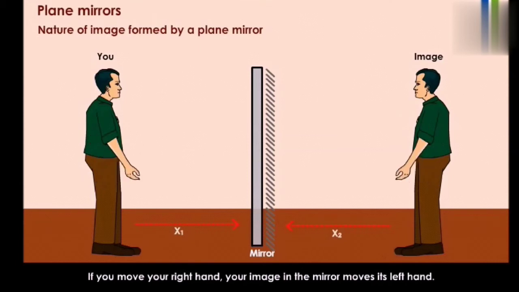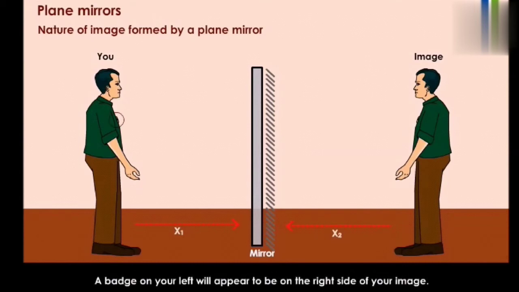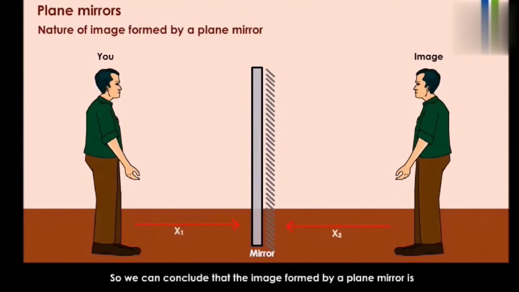If you move your right hand, your image in the mirror moves its left hand. A badge on your left will appear to be on the right side of your image. So the image formed by a plane mirror is laterally inverted.